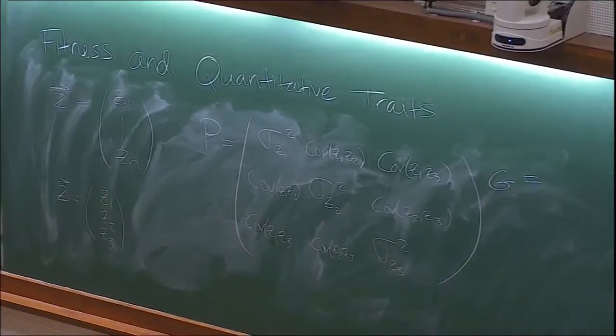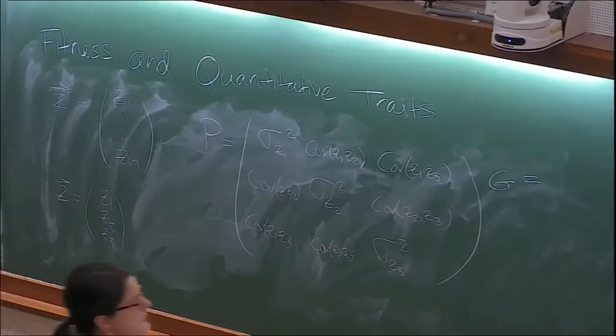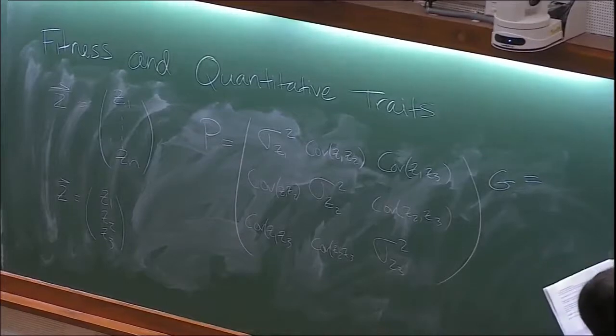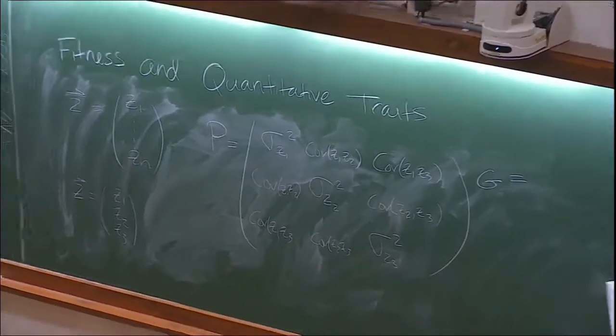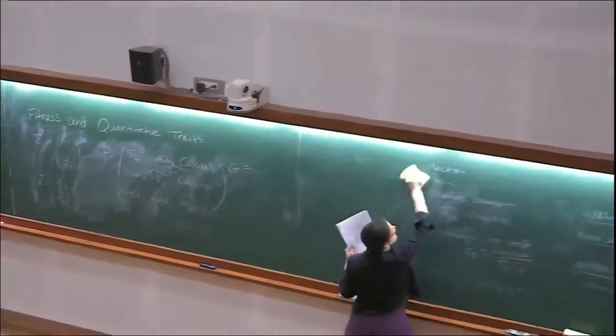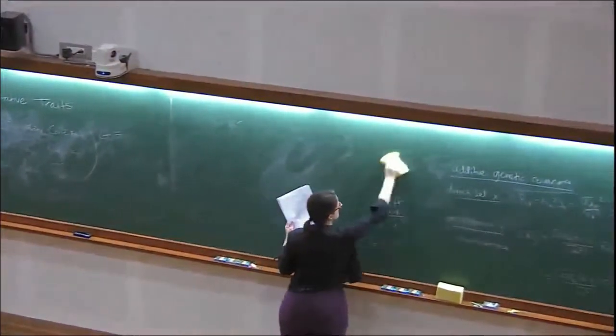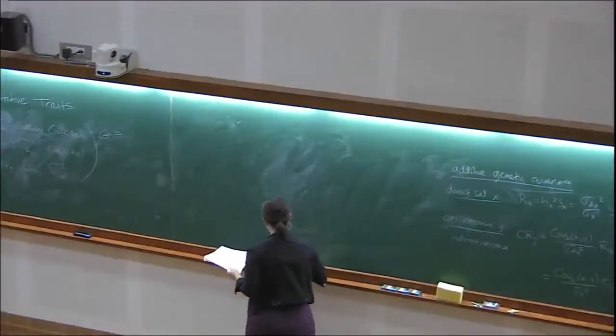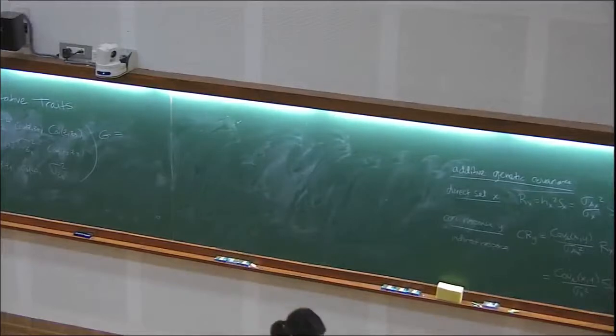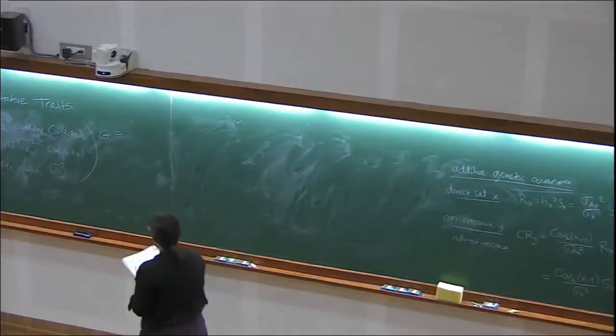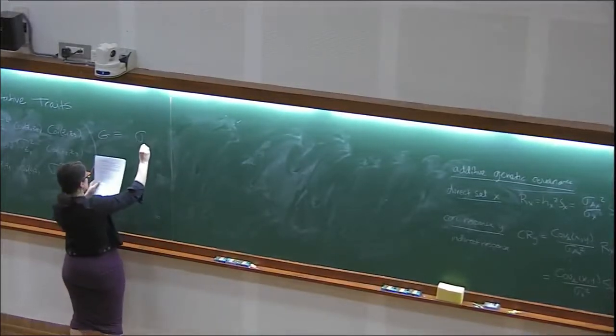Obviously we can also define a sister matrix to this, whose entries are the additive genetic variances and the additive genetic covariances. I am going to be lazy and just write a couple of them.